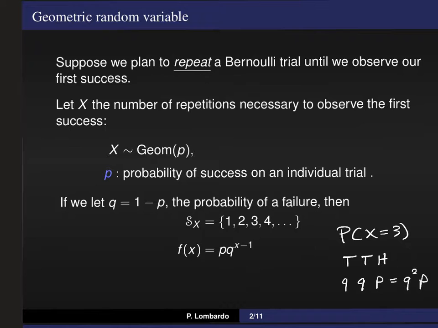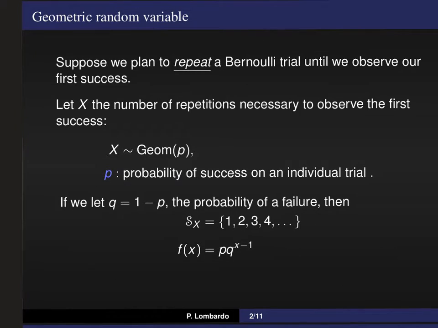In the general case, if we're looking at the probability that our random variable is equal to little x, what you would get is a string of failures, specifically x minus 1 of these, and then in the final round we would have our success. So we would have q^(x-1) times p, and that's where we get this PMF formula.